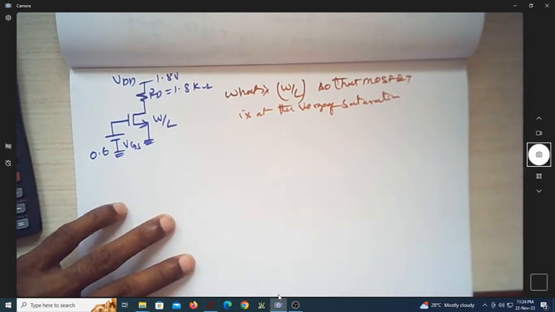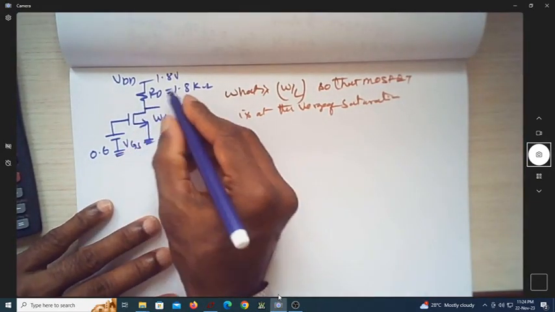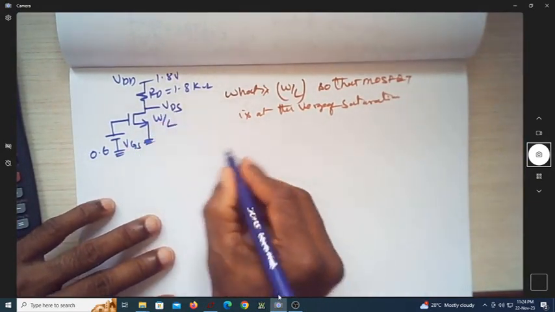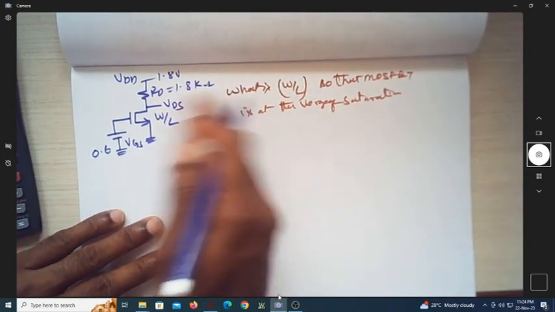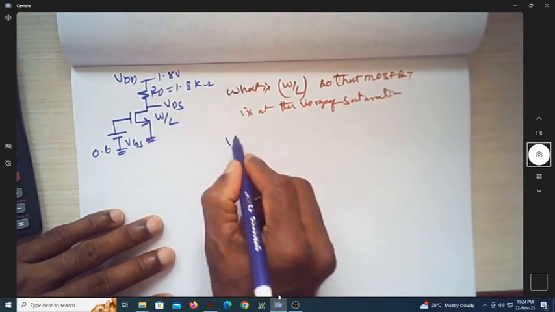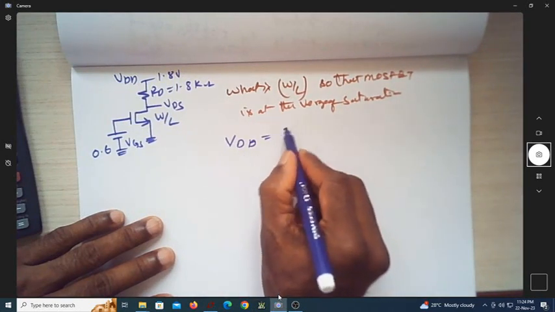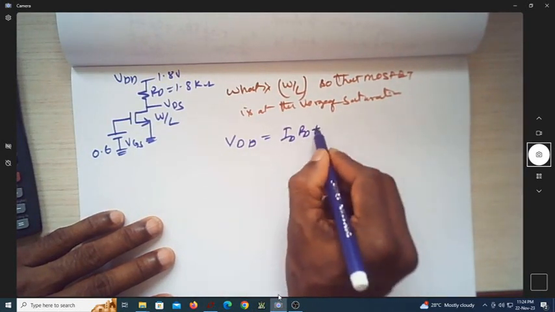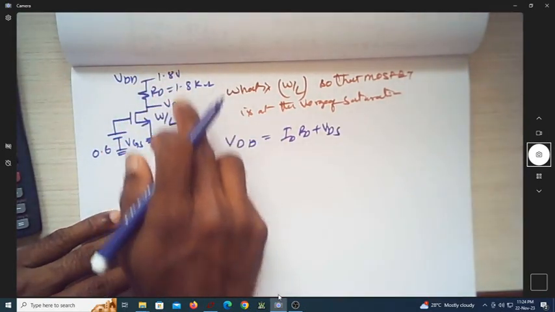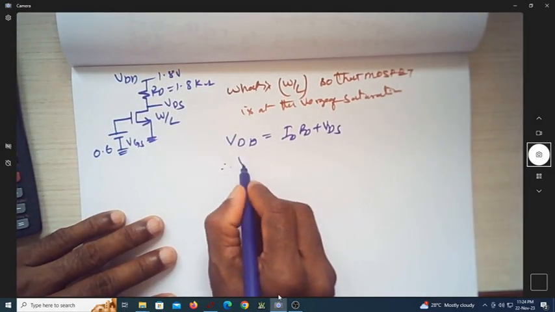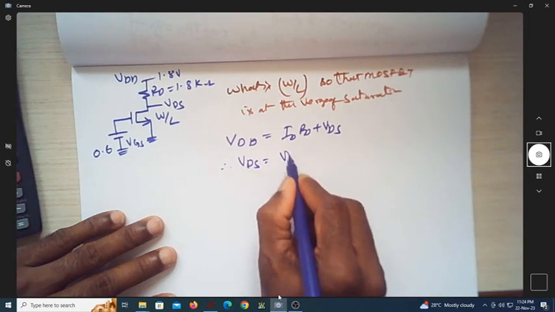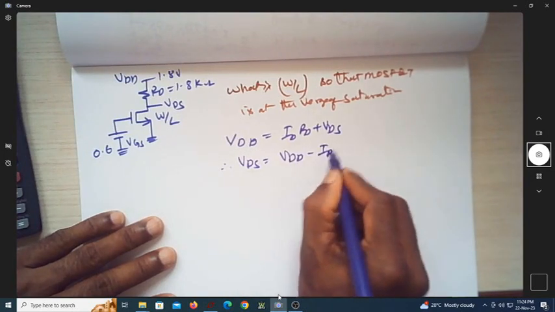Since it is at the verge of saturation, let me measure the voltage here, which I call VDS. Let me now write the expression for this outer loop: VDD is equal to ID RD plus VDS. Therefore, VDS is equal to VDD minus ID into RD.